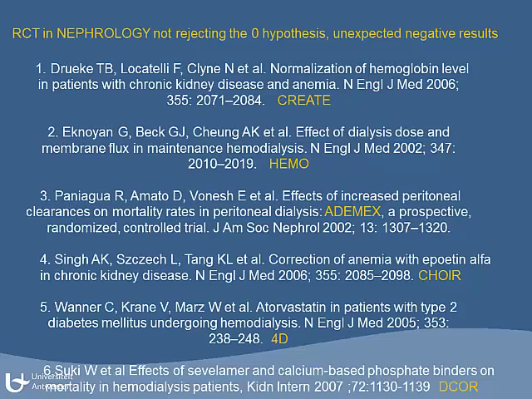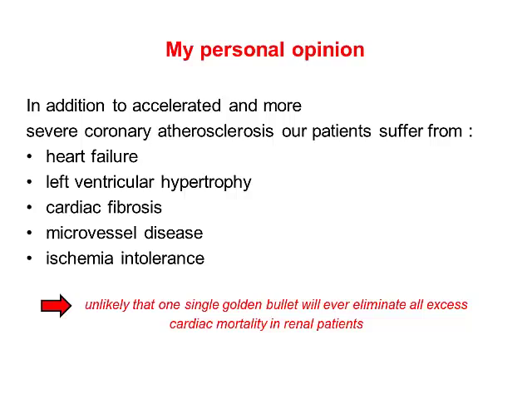In this late phase of renal failure, and particularly in dialysis, this is such a complicated story of heart failure, left ventricular hypertrophy, cardiac fibrosis, microvascular disease, ischemia, that it is unlikely that one single golden bullet will ever eliminate all cases of cardiac mortality in renal patients.